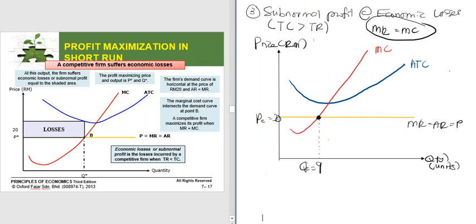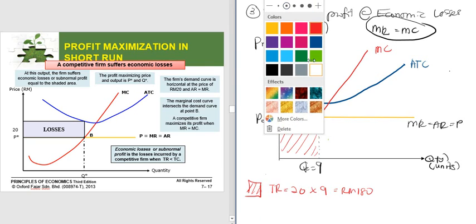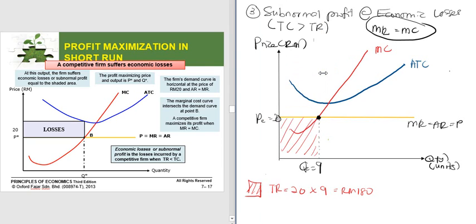This shaded area here is your total revenue, which is 20 times 9. So you get RM 180.